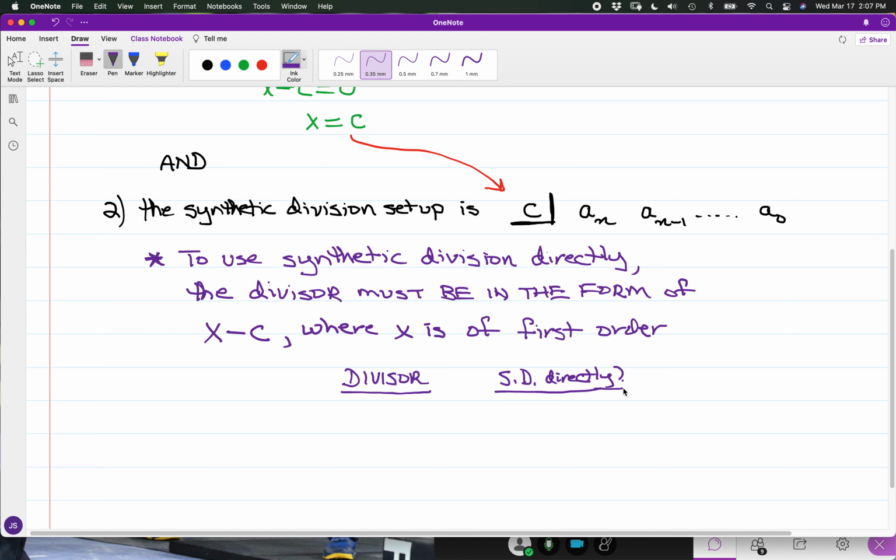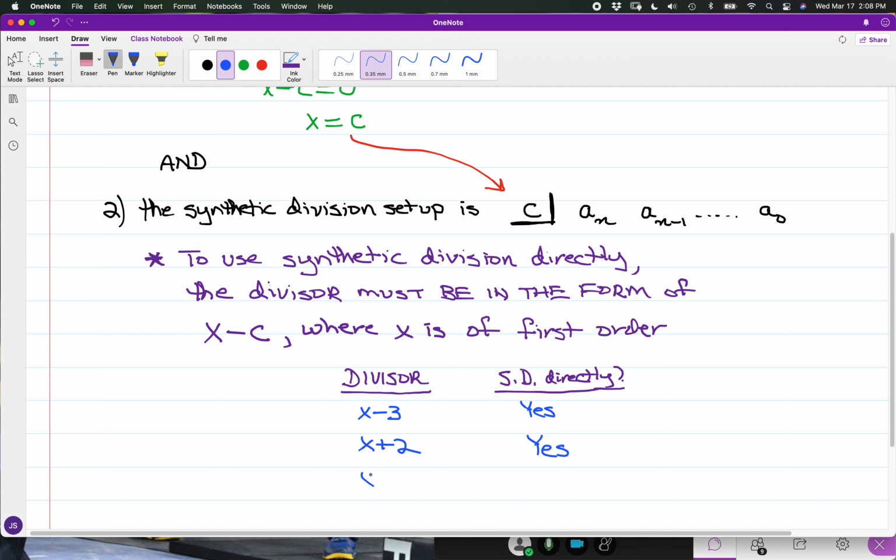So if your divisor is something like x minus 3, because x is first degree, you can use synthetic division directly. And if you have your divisor to be in the form of x plus 2, because x is first degree, you can use synthetic division directly.